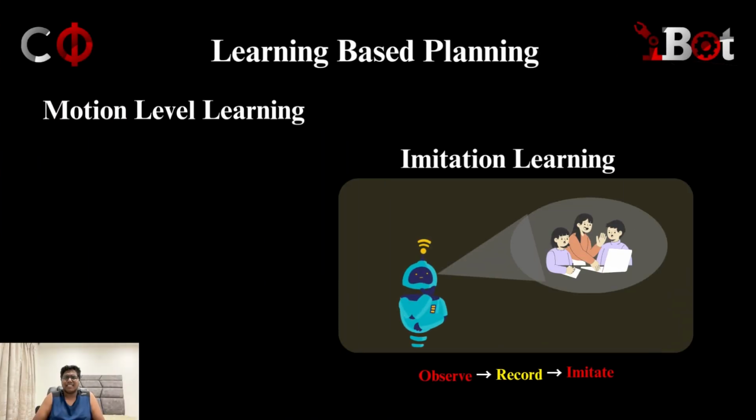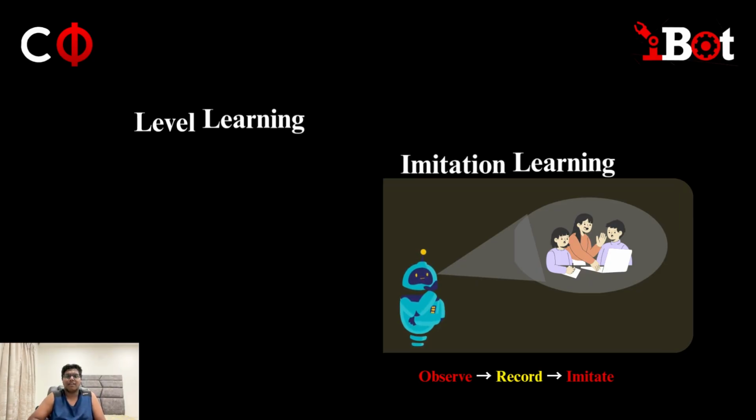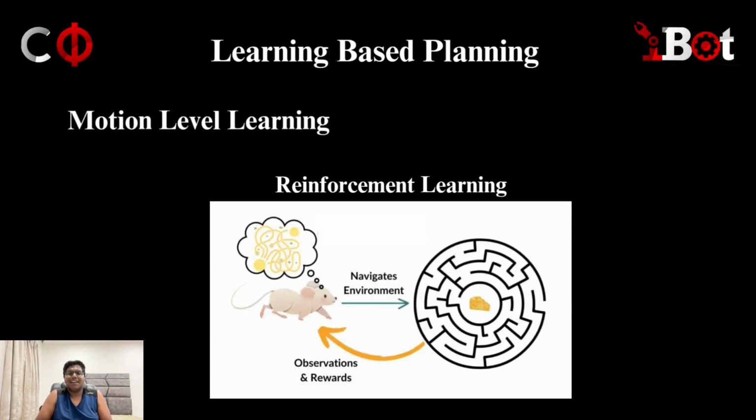One early approach is imitation learning, where the robot watches expert demonstrations and then tries to mimic the behavior. Another one is reinforcement learning, where the robot learns by trial and error, receiving rewards for actions that bring it closer to the goal.